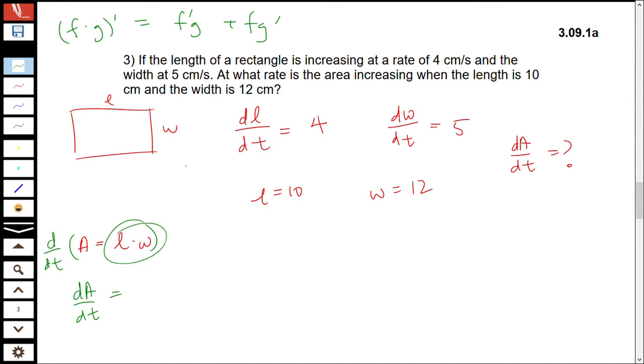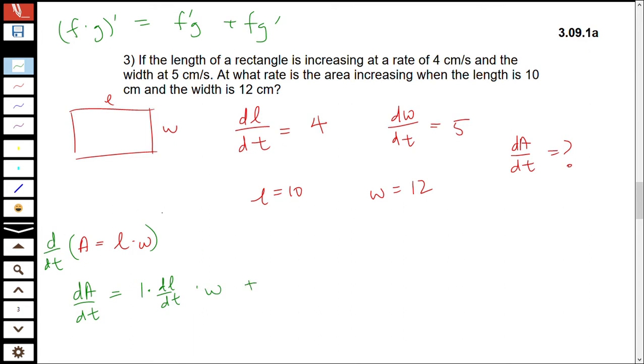So we got L and W. So first I got to derive the L. So if I derive L, it just becomes 1. But because they're not the same letters, I got to do dL over dt. Okay, so that's this f prime portion. And then the g, so that's just the second one multiplied.